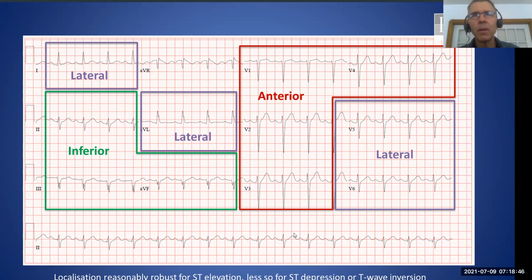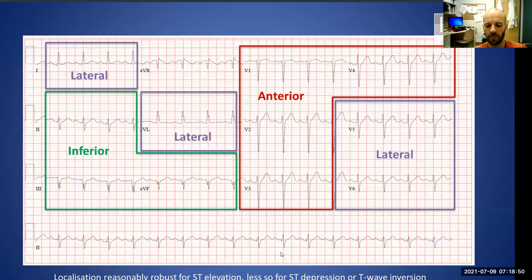So if you've got something related to a myocardial infarction, it may affect the whole heart, but it's probably not going to. It's pretty bad news if it affects the whole heart in one go, because you'd have to have multiple coronary arteries affected at the same time, which is unlikely. But if it does happen, it tends to be pretty lethal.